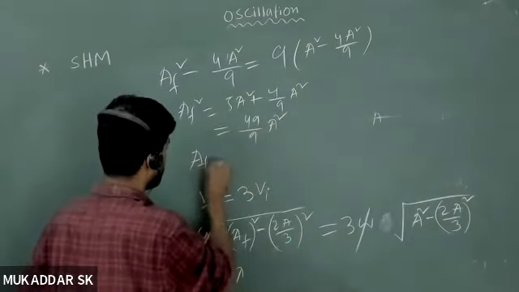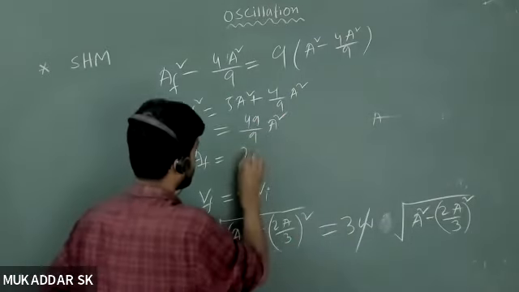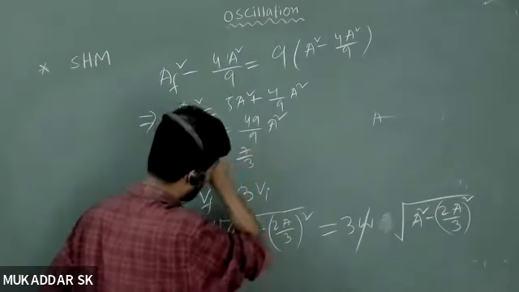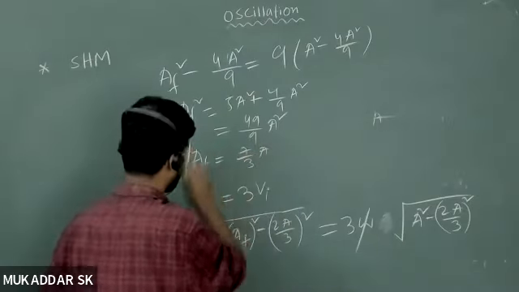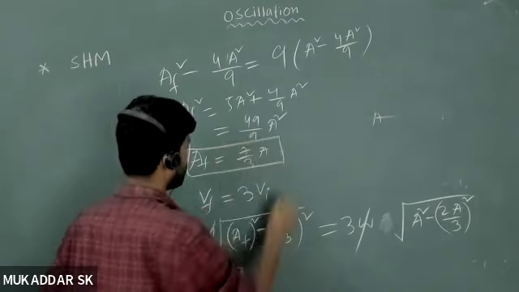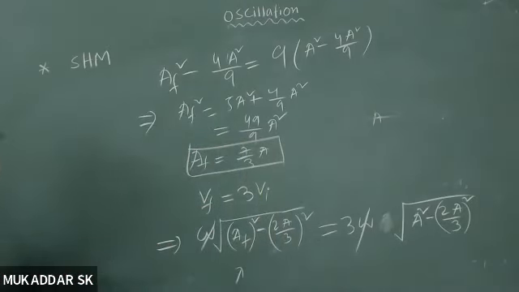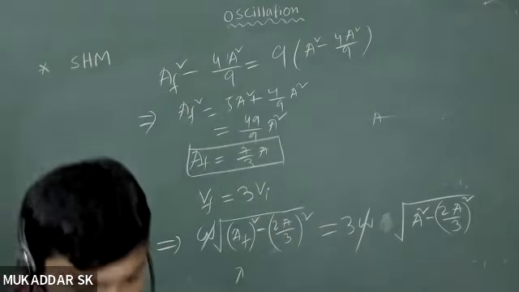So your final amplitude will become 7 by 3 into a. Is this part clear, everyone?